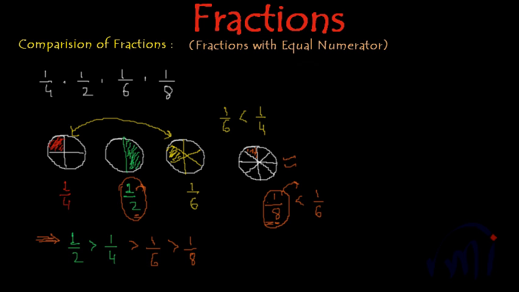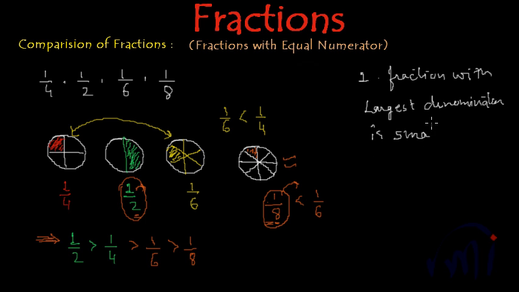So we can conclude certain things. First is, when the numerators are the same, the fraction with the largest denominator is the smallest, right?